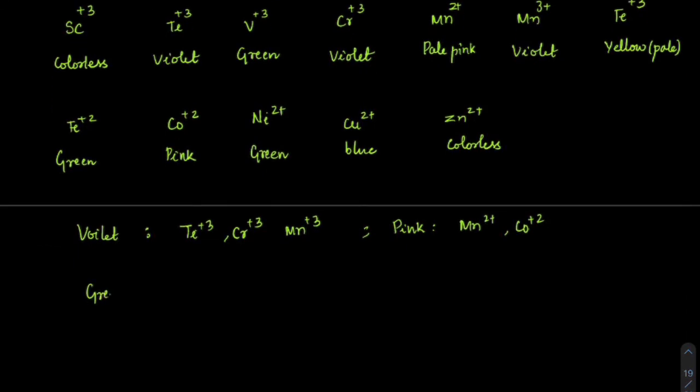Green is vanadium plus 3, Fe plus 2, and nickel plus 2. These are green in color. Only one color which is different is Fe plus 3, which is yellow. Rest all are paired up. So 2 pink, 3 green, and 4 violet.